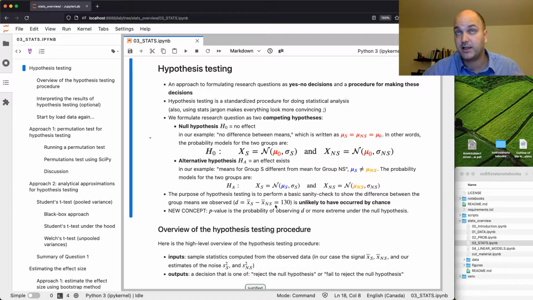How unlikely? In fact, we're going to compute a number called the p-value. If the p-value is really small, less than 5%, we say we can reject the null hypothesis. If it's not smaller than 5%, then we say we cannot reject; we fail to reject the null hypothesis.